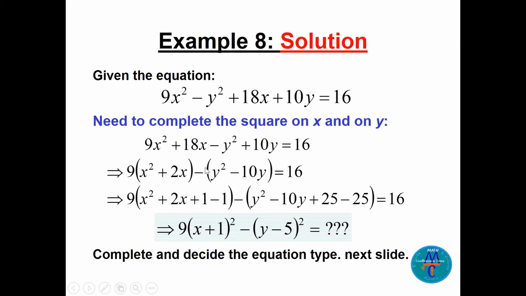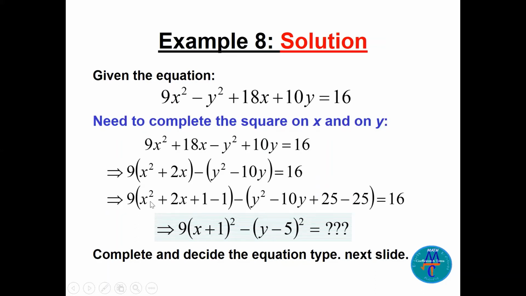So I take the minus out in the bracket: y squared minus 10y. Be careful, equals 16. Now on the x, take 2, divide by 2, it is 1, square it. So plus 1 and minus 1 there. Here, minus 10, divide by 2, minus 5, square it, 25. You add 25, subtract 25, equals 16.